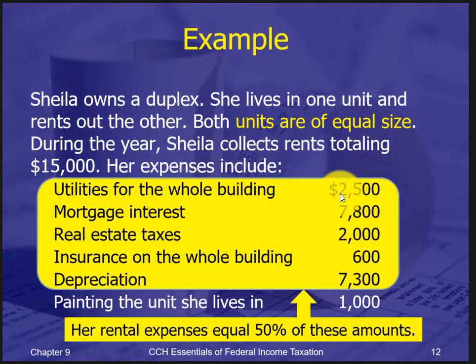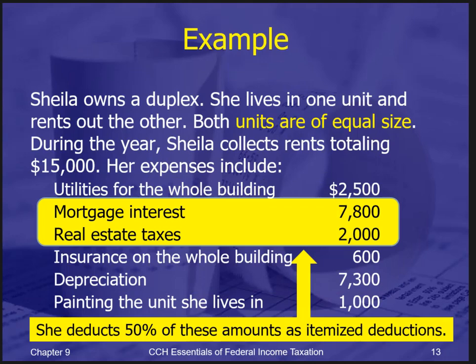Okay, now utilities, this half that is for the rental is an expense. The half that's for my side, the part Sheila lives in, is just a personal expense. So that's not deductible anywhere. Okay, that's what's important to remember.